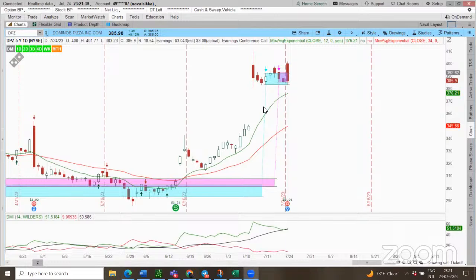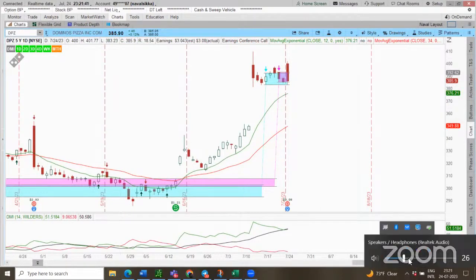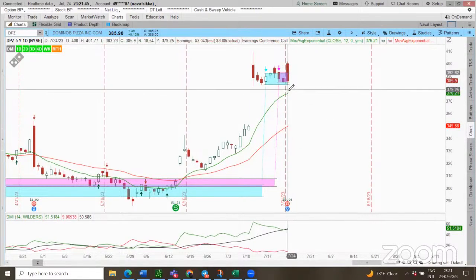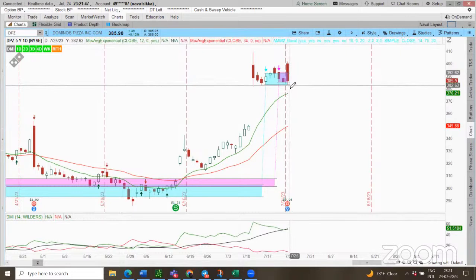Hi, Paji. Good evening. Your thoughts on Domino's? Can it test the 12 EMA? There is a huge gap between 381 and 351. Yes, but do you think you'll be able to hold it with patience? It may fill that gap all of a sudden.